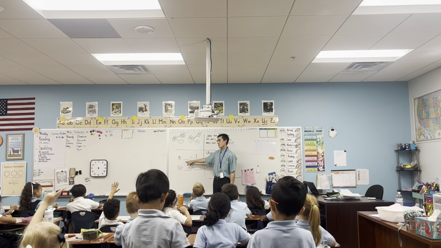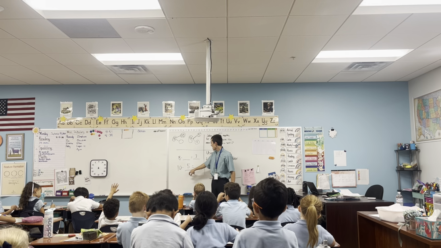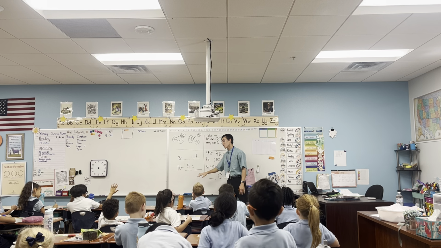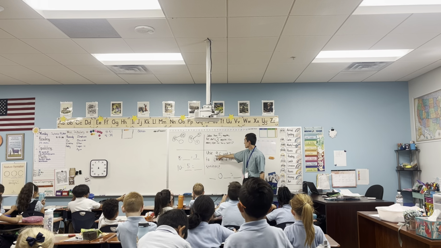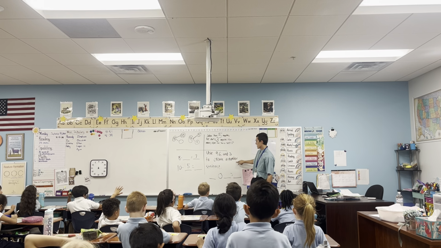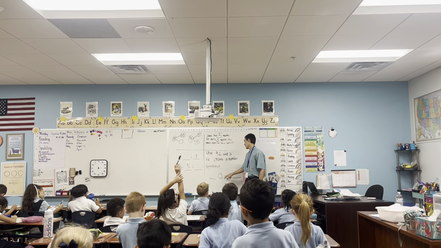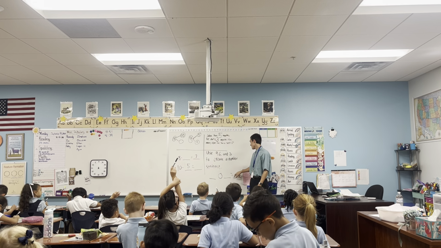8 minus blank equals 7. 10 minus 5 equals, and I want you to solve that. And then use the numbers 9, 6, and 3 to create a number sentence. So blank minus blank equals what?